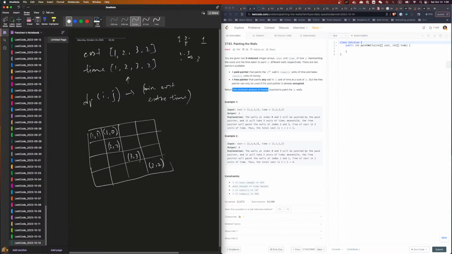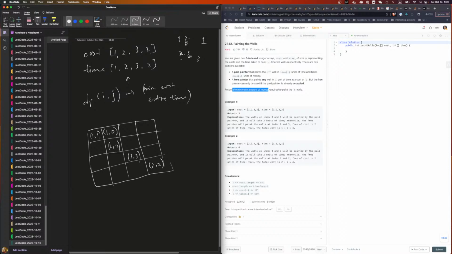Then, if I don't take 3, I have the previous. Yeah, you should also consider what if I take it. If I take the current, then previously, and how do we handle?